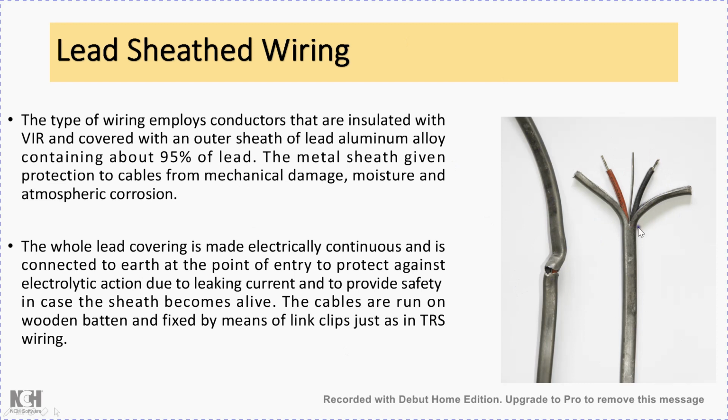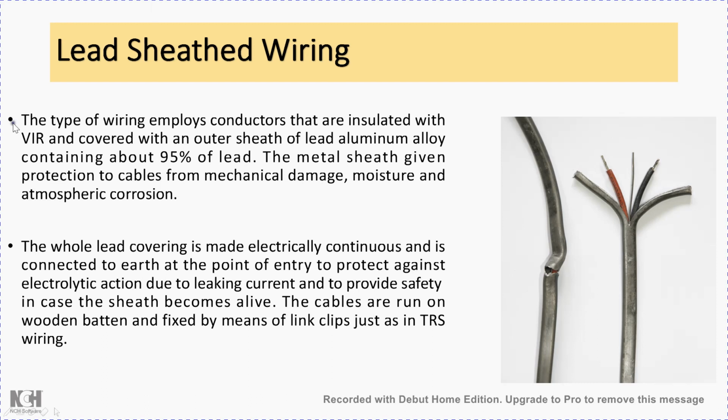Okay, so this is the lead sheathed cable, and with the help of these lead sheathed cables wiring can be done. So usually even at our houses and at irrigation plants and all, we can sometimes see this type of cables, because we need to protect the cable. So in the irrigation field and all, to make the motor connection, such type of lead sheathed cables are preferred over the TRS and CTS type of cables.